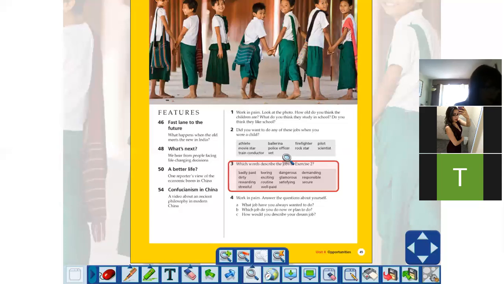No, because it's not the same as when we say, for example, train conductor and train driver. It's not the same, right? Train conductor refers to the person that most of the time takes tickets, right?